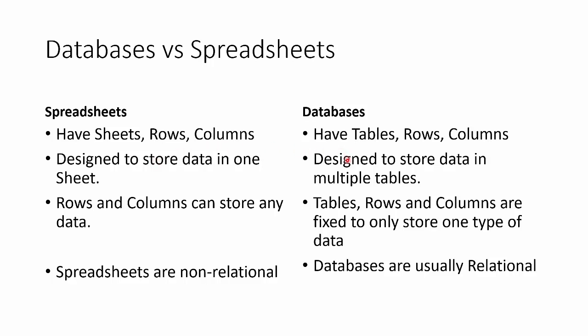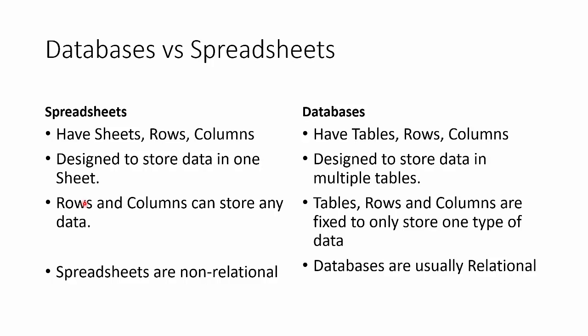Whereas databases are designed to store data in lots of different tables, and we'll talk about that in a couple of seconds. Okay, so spreadsheets store data in a single sheet. Databases store data in multiple tables, and that's the first big difference between the two. The second big difference is that rows and columns in a spreadsheet can store any data.